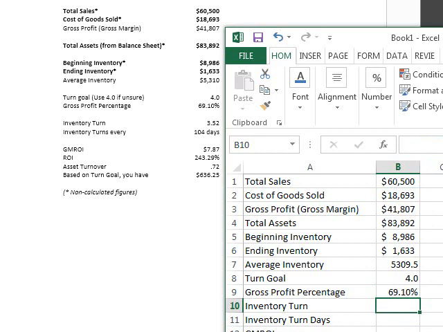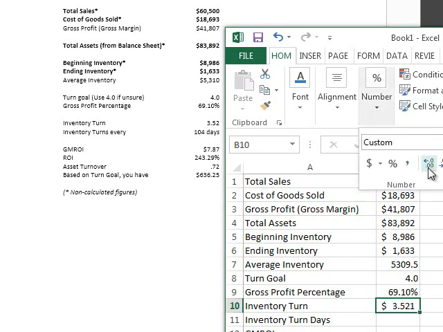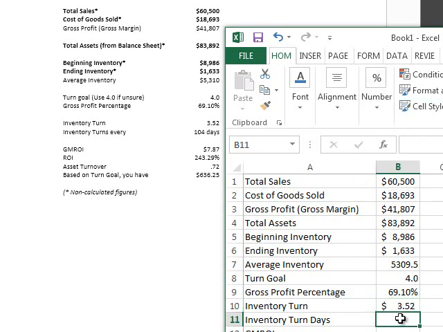Inventory turn, the first item on your list, equals cost of goods sold divided by average inventory. Our inventory turn rounded to 4, but actually it's not quite there. Inventory turn days, since we're dealing with annual figures, means that we take 365, because that's how many days there are in a year, and divide that by our turn.